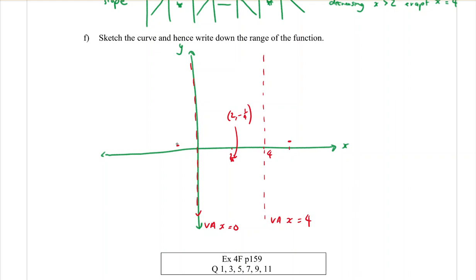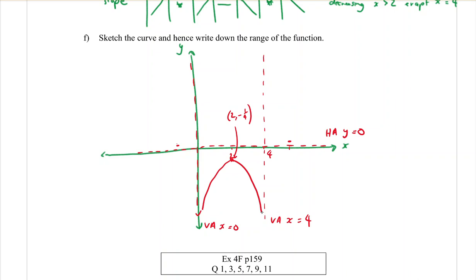Part C, we had the vertical asymptotes, which I've already drawn on there, but we also found a horizontal asymptote at y = 0, so draw it across here. Horizontal asymptote at y = 0. Part D, we found the gradient so that we could find any discontinuities of the gradient and the nature of the turning point. We found our turning point, which I've already labelled on there, and we found that it was a maximum, which does mean that the rest of the curve is going to be coming down on either side of that.